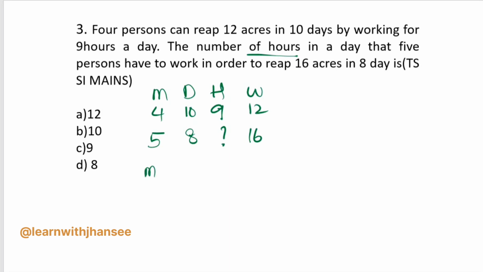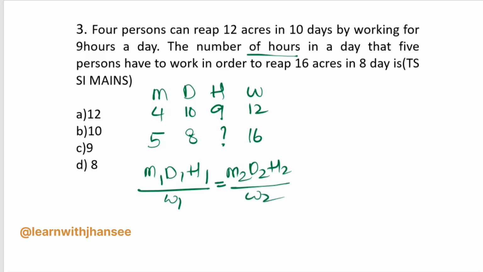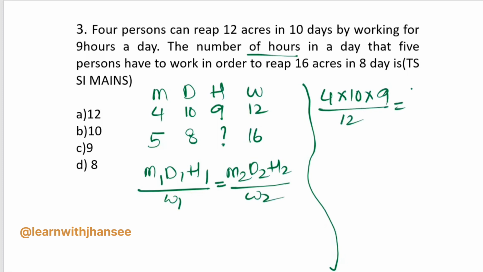So substitute in the formula M1 D1 H1 by W1 is equal to M2 D2 H2 by W2. So here M1 is what? 4 into 10 into 9 divided by 12 is equal to 5 into 8 into H, I don't know the hours H, divided by 16. 4 into 3 and 4 into 4. 4 into 1, 4 twos are 8.